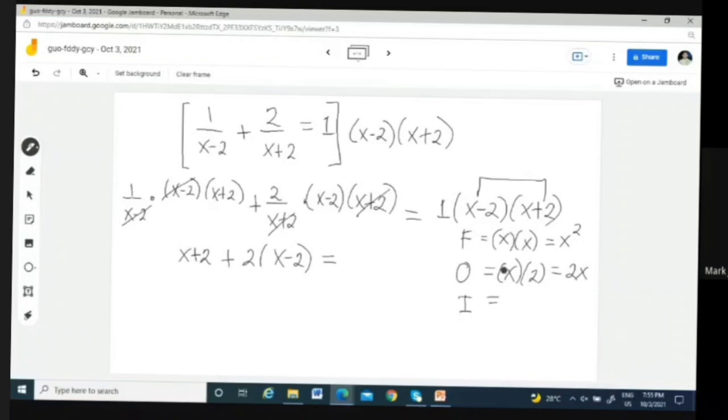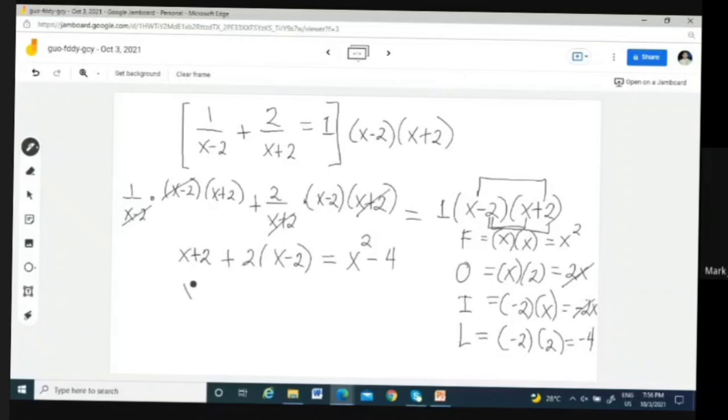For the inside terms, we have negative 2 times x, which is equal to negative 2x. And for the last terms, we have negative 2 times 2, which is equal to negative 4. We can cancel 2x and negative 2x. So therefore, x minus 2 times x plus 2 is equal to x squared minus 4.